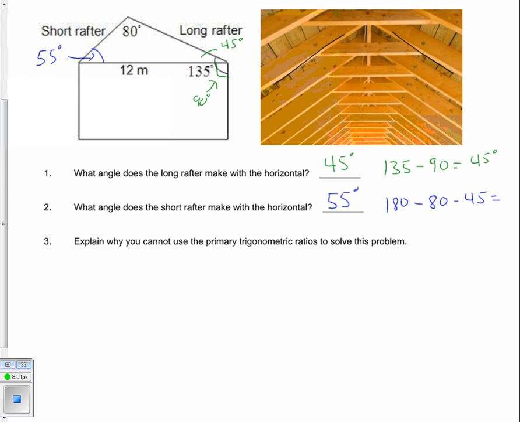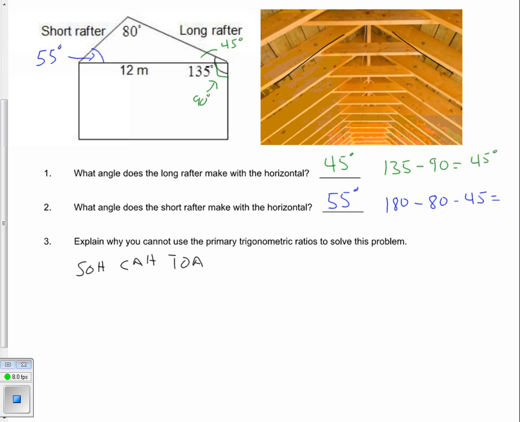Now for question 3, it says, why can you not use a primary trigonometric ratio to solve this problem? Again, a primary trig ratio is using SOH CAH TOA, either the sine, the cosine, or the tangent ratios that we talked about in the last unit.